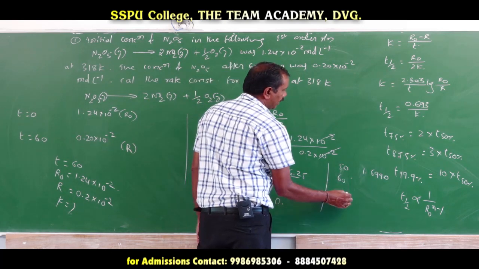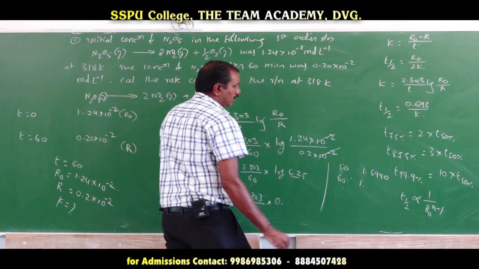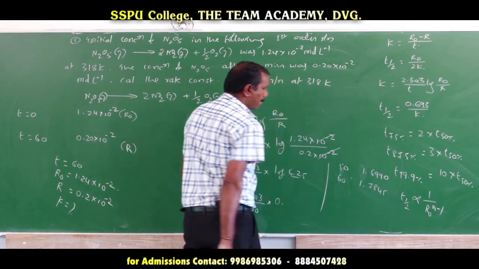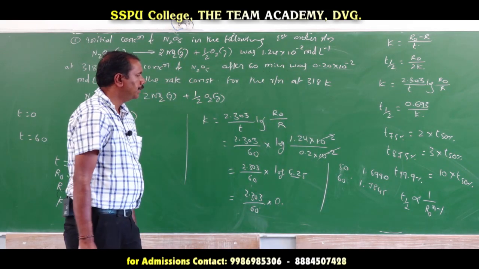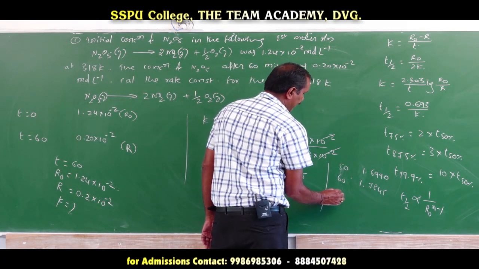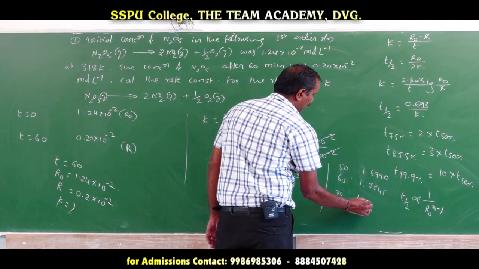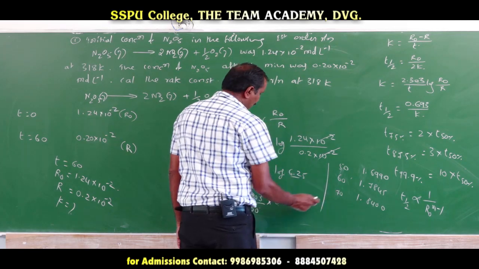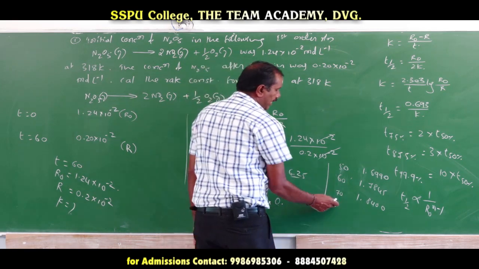Log 60, characteristic 1, is 7845. Log 70 becomes 8400 something. So this value is between 60 and 70.